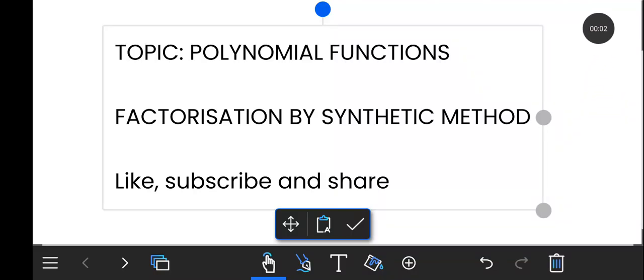Welcome to this session where we're going to do polynomial functions, and the topic we are going to concentrate on is factorization by synthetic method. So let's see how we can factorize a certain function using synthetic.